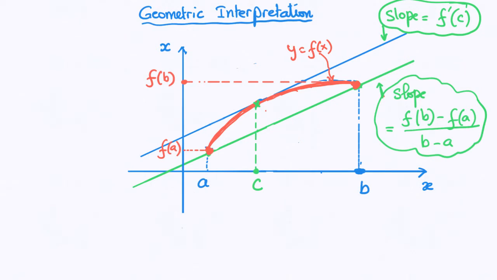Basically what the theorem says is that there is a point c between a and b where the tangent line is parallel to the line which goes through these two endpoints, because the slope of this line is f of b minus f of a divided by b minus a. And the slope of the tangent line, which is in blue here, is f dash of c. Now, the mean value theorem says that this number and this number are the same, therefore these two lines are parallel.